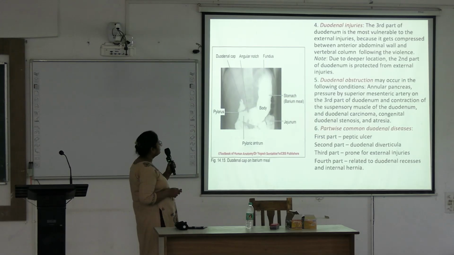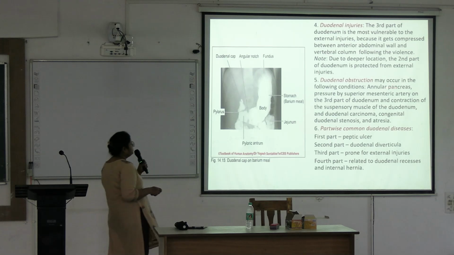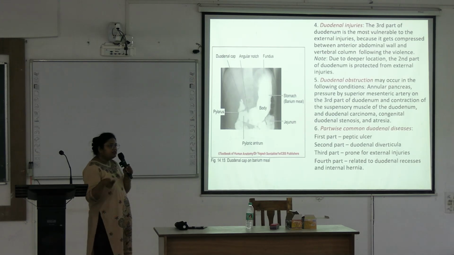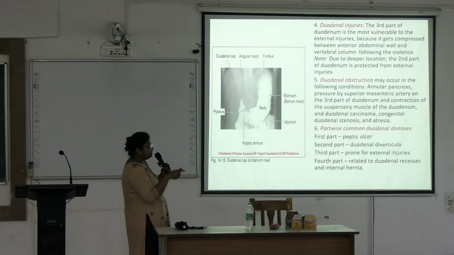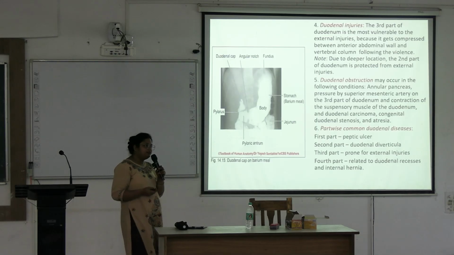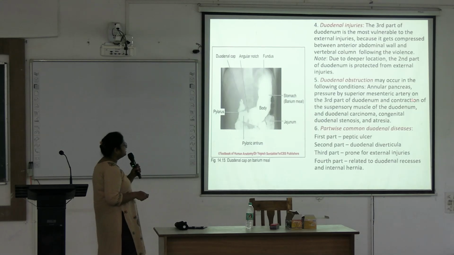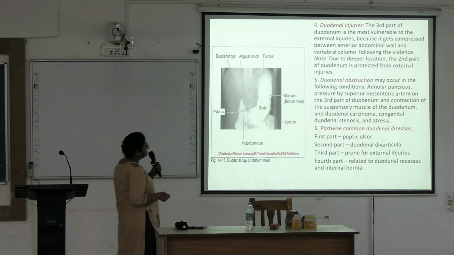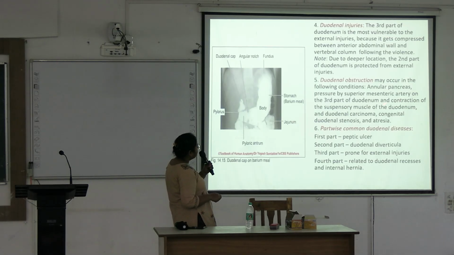Next is duodenal obstruction. It may occur in the following conditions. Annular pancreas, a developmental anomaly of the pancreas: the pancreas forms a ring and surrounds the second part of the duodenum and can obstruct it. Pressure by the superior mesenteric artery on the third part of the duodenum; the superior mesenteric artery and vein lie anterior to the third part of the duodenum.